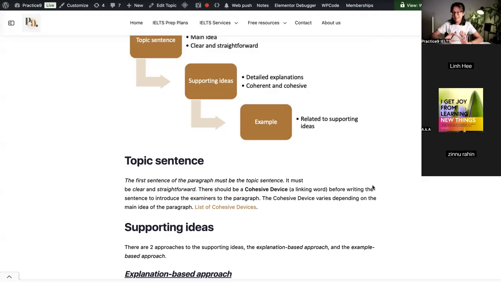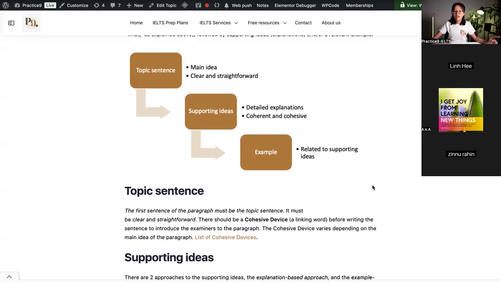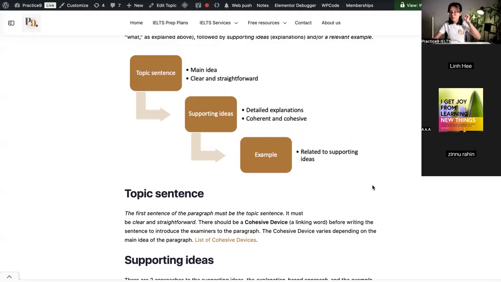It's just to make you understand that there are ways for you to approach an idea for the body paragraph, and we will have other conversations other times. So we know that we need a topic sentence and one body paragraph, one idea, right? And then you have supporting ideas, and then you have examples.